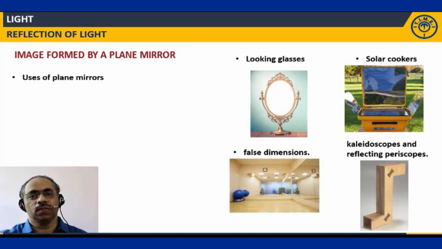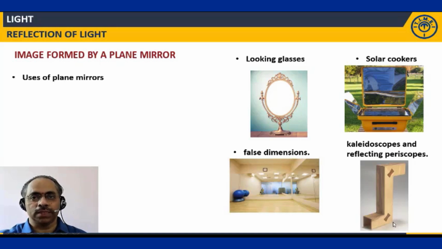In this periscope, the lateral inversion occurring in the top mirror is again laterally inverted, so the lateral inversion caused by the first mirror is nullified by the lateral inversion by the second mirror.